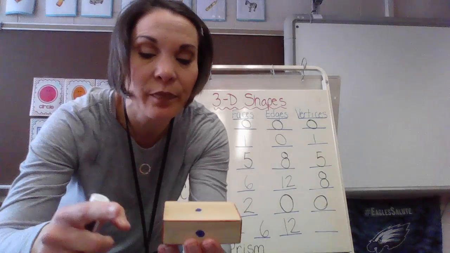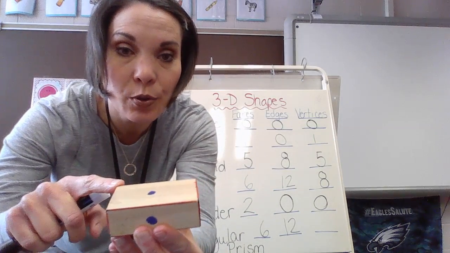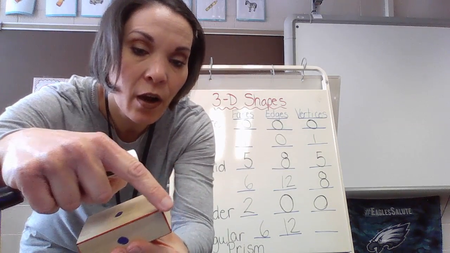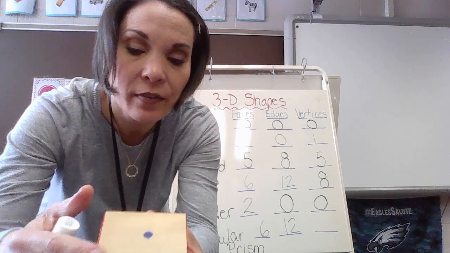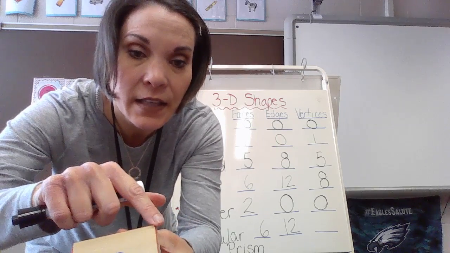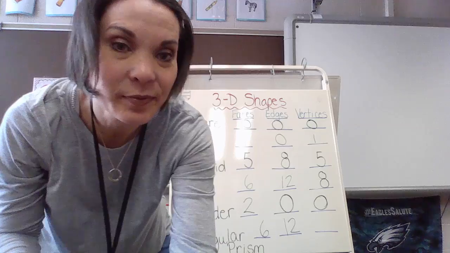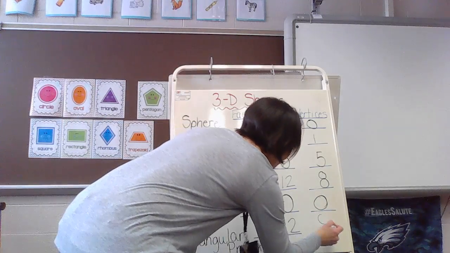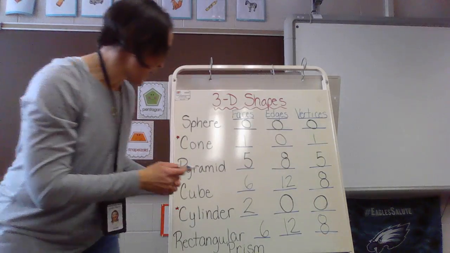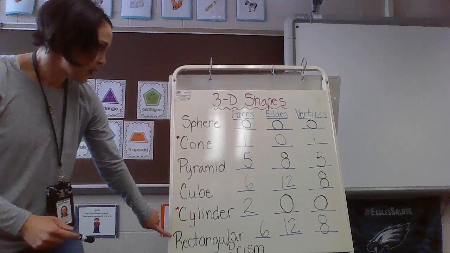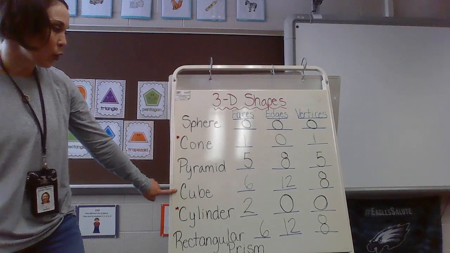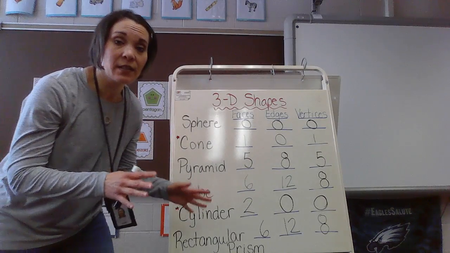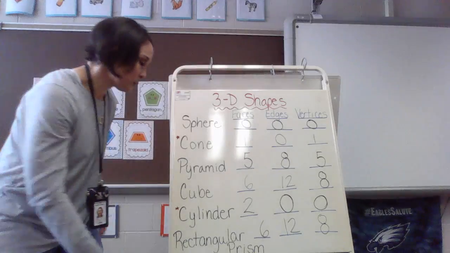I got to count my points. 1, 2, 3, 4, 5, 6, 7, and 8. 8 vertices. So when you're looking at your rectangular prism, as well as your cube, they have the same faces, edges, and vertices: 6, 12, 8.